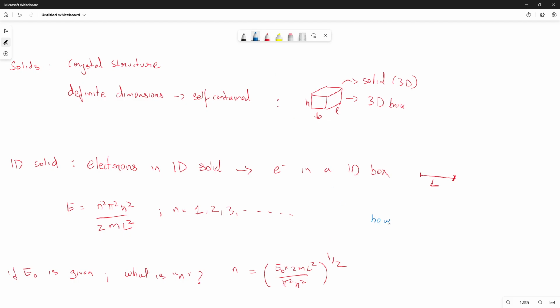How many states exist with energy E less than or equal to E naught? So this is the question.